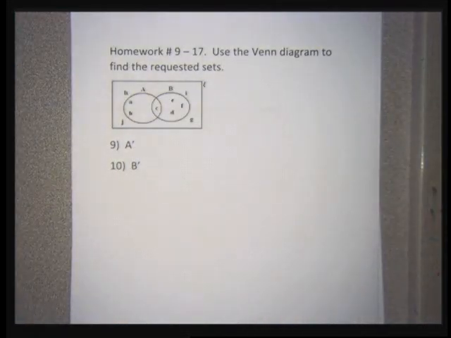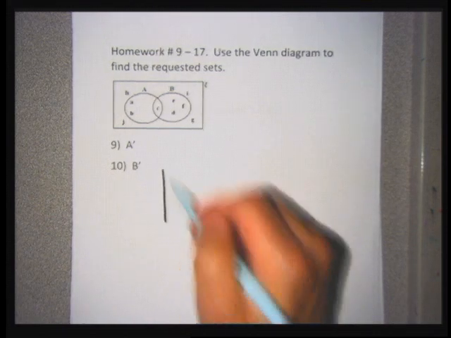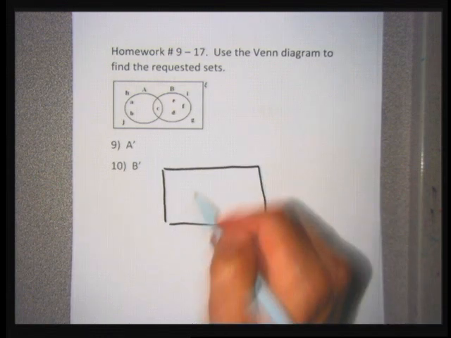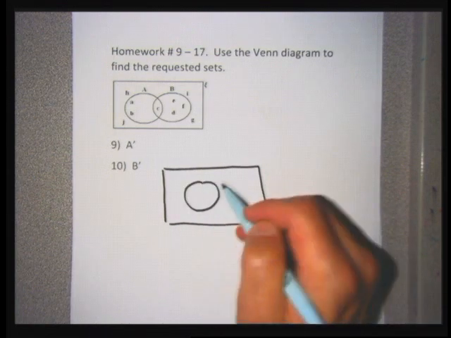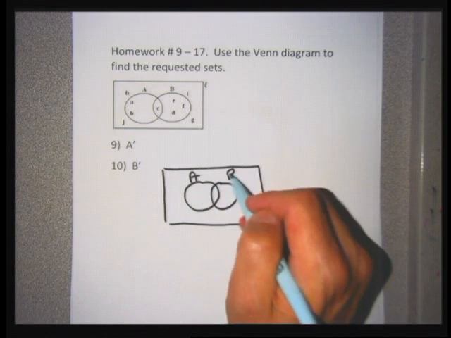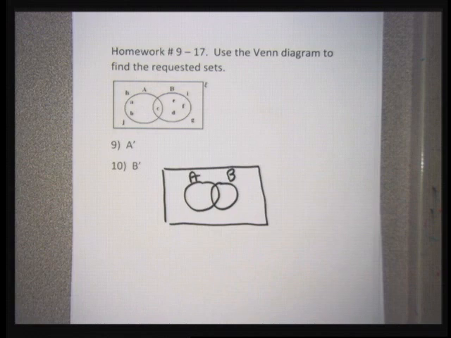All right, so let me attack number 10, and you can do number 9. On number 10, in order to figure out my answer, I need to know what B prime is in terms of a shaded region.